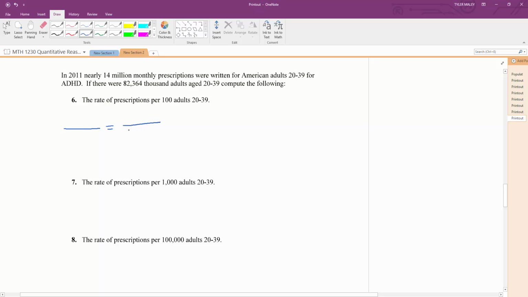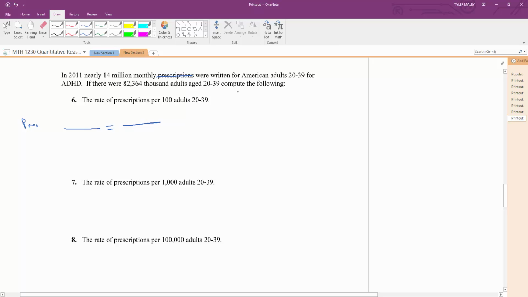Right, so to find the rate of prescriptions per 100 adults, I would compare the number of prescriptions. Well, I think that's written wrong. I think there's a typo here. This should be subscriptions.